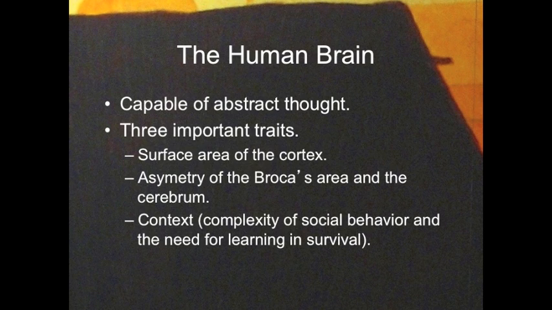When we take a look at the human brain, we realize that it is, by its nature and how it functions, capable of abstract thought. And when this abstract thought occurs, let's say you're thinking about a particular kind of fruit without the fruit being in front of you, or without you participating in some sort of eating of that fruit, you are participating in a complex or abstract thought.